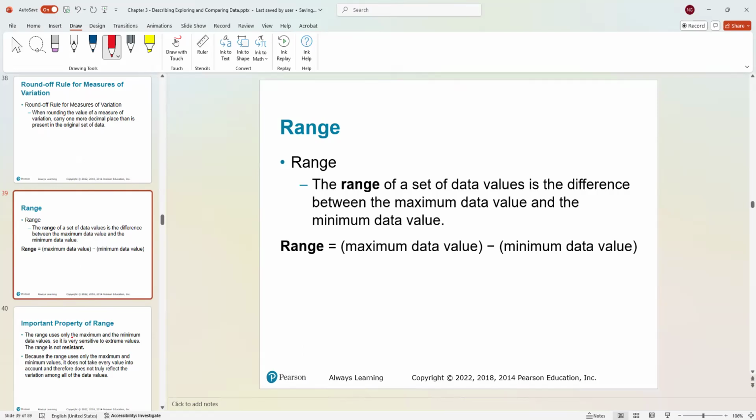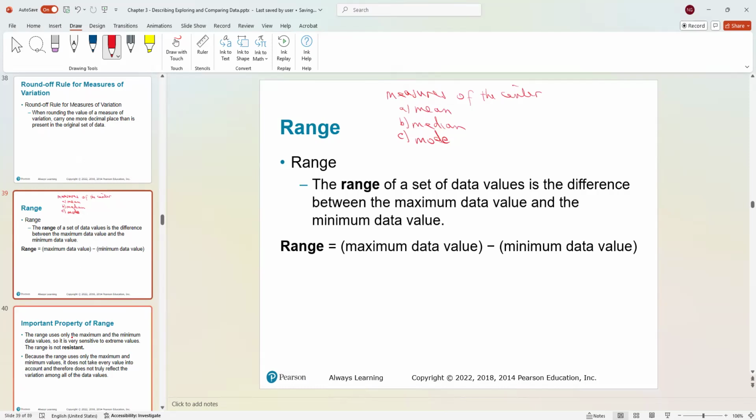Remember we have three measures of variation: range, variance, and standard deviation. We have three measures of the center: mean, median, and mode. We covered those in the previous video covering chapter 3, section 3.1. Feel free to review it.